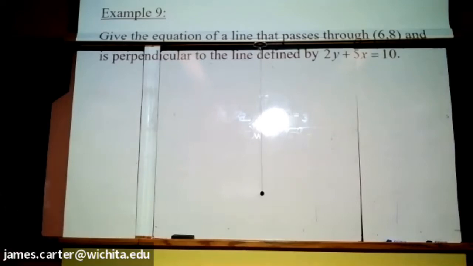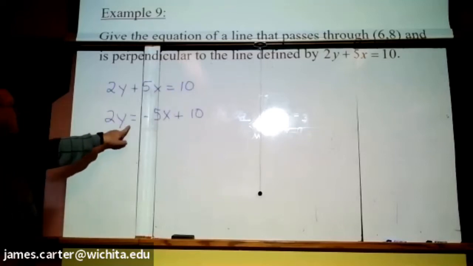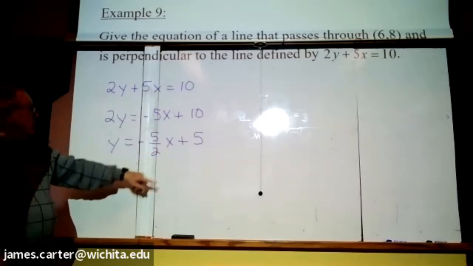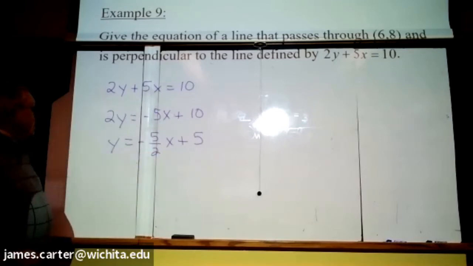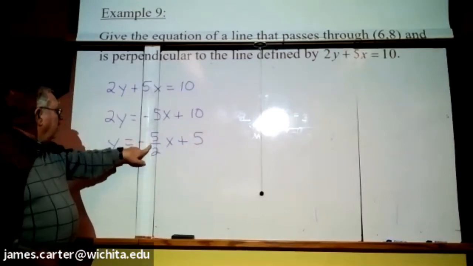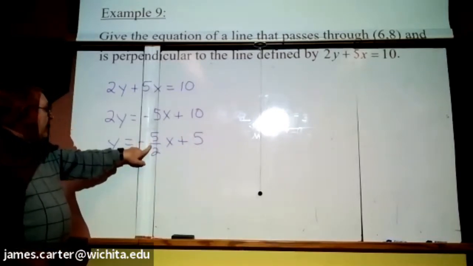Okay, let's go through the point (6, 8) and it's perpendicular to that line. So first thing we do is we change that line into the slope-intercept format. So our y-intercept is 5, our slope is -5/2.